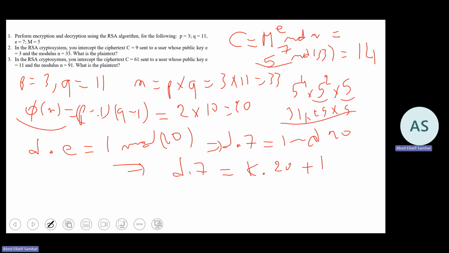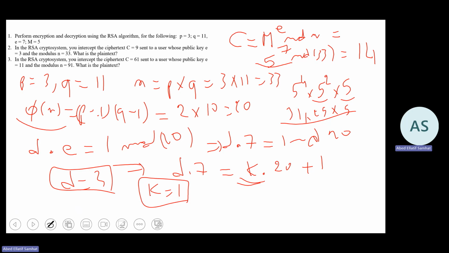So if you want to calculate this, for example, for K equal 0, it will not be okay. For K equal 1, it will be 21. So D in this case is equal to 3. So the decryption key is equal to 3.